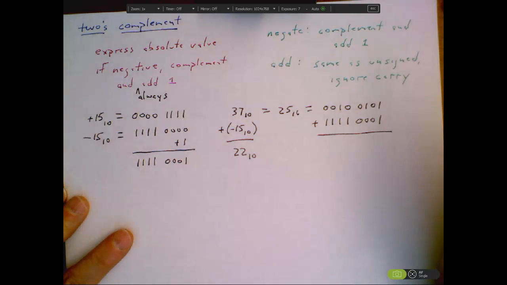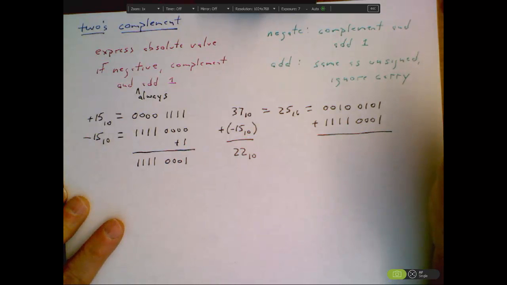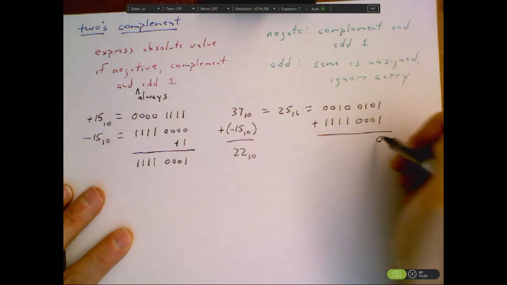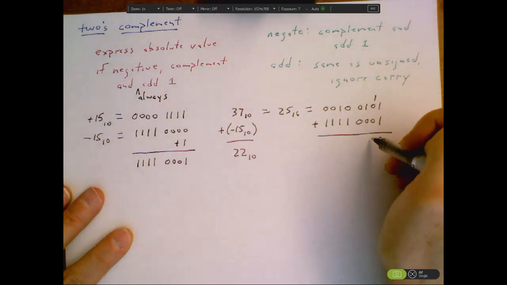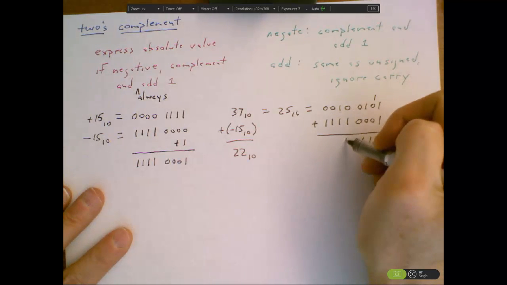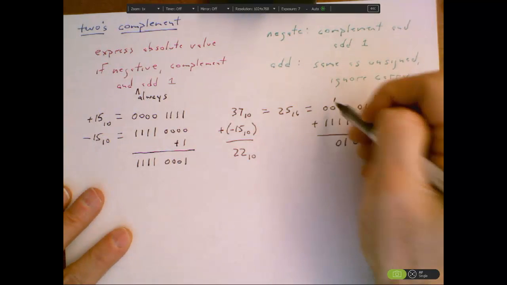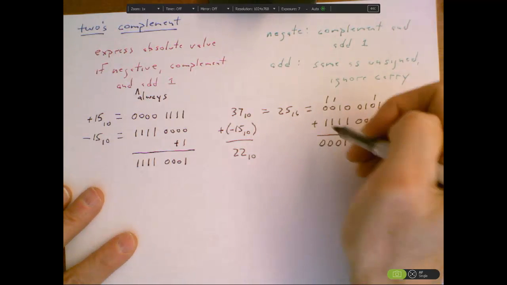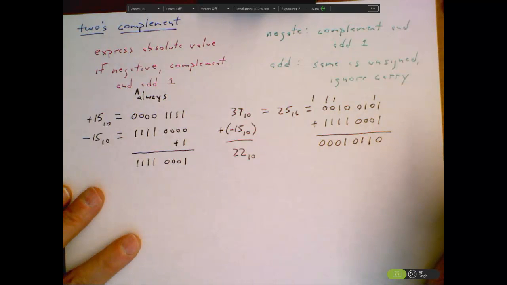It's exactly the same as unsigned, and just ignore the carry. Ignore any carry that goes out the left end. We're just going to ignore it. So 1 and 1 is 0, carry the 1. 1 and 0 is 1, 0, 0 and 1 is 1, 1, 1 is 0, carry the 1, 1, 0, 1 is 0, carry the 1, 1, 0, 1 is 0, carry the 1.